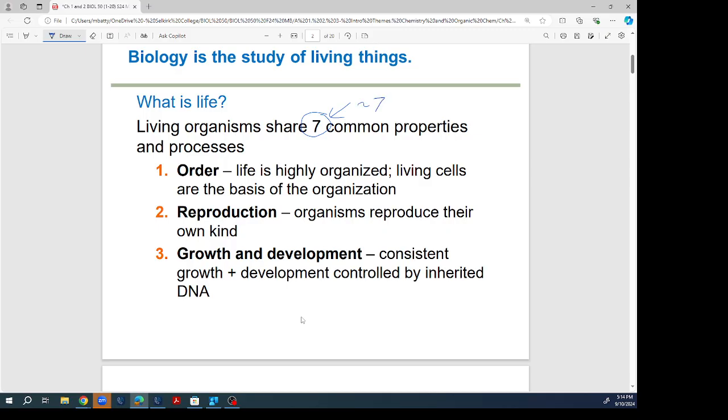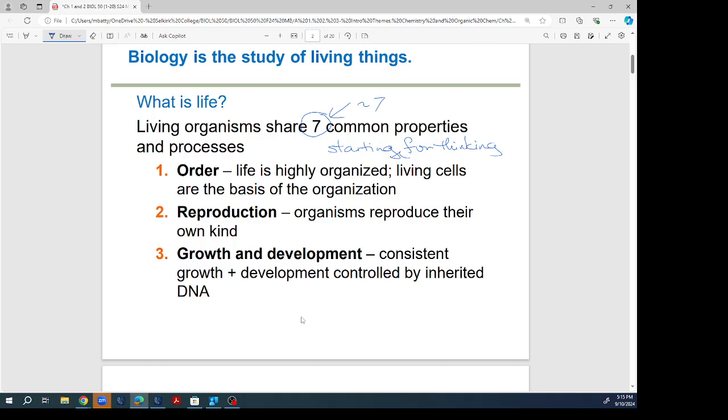You might find other lists that have, say, 9 on them, or others that have 12 or 5. These are a starting point for conversation, for discussion, for debate, for thinking.